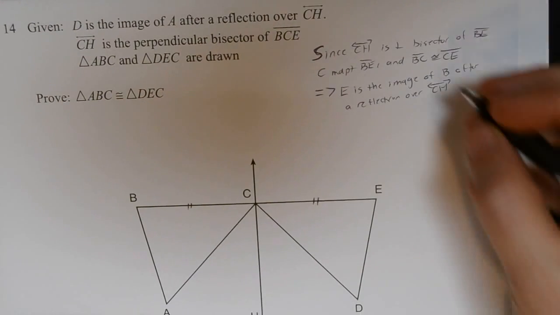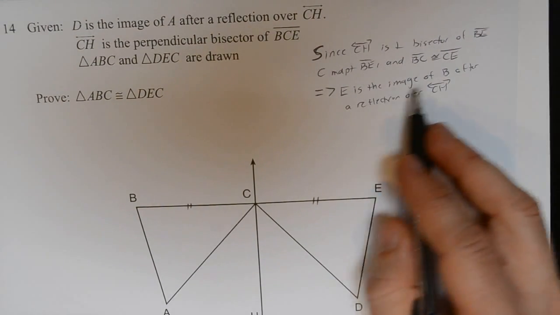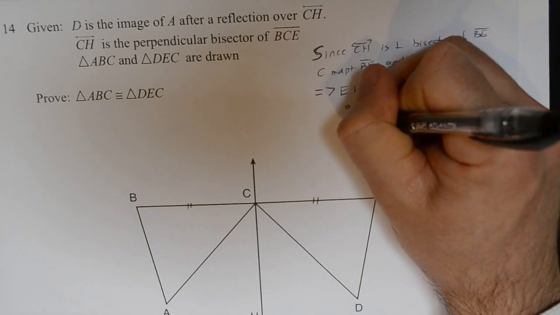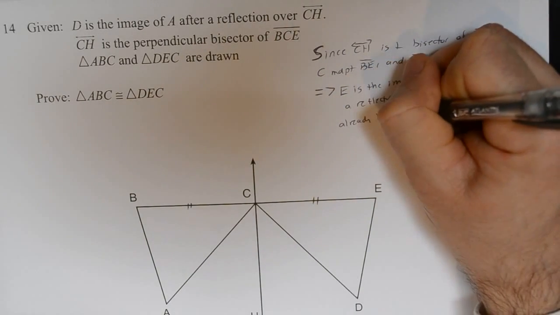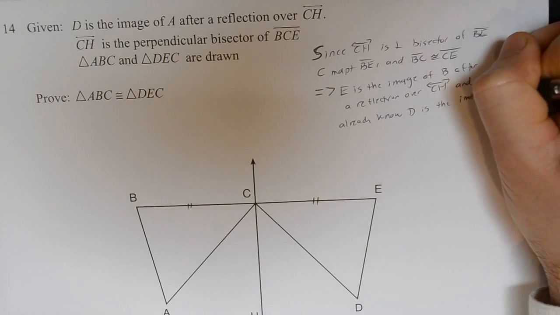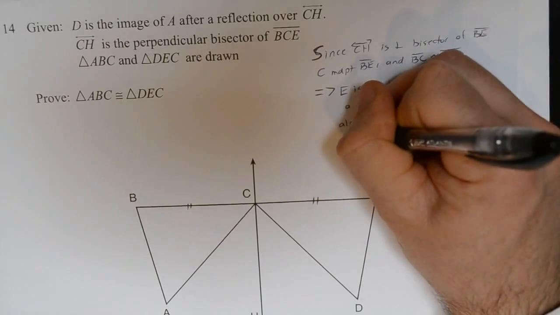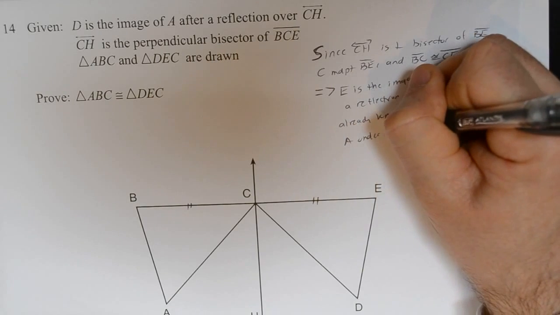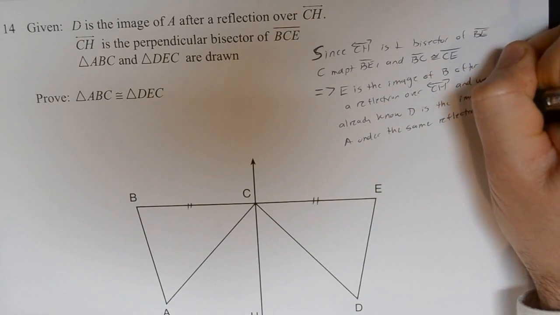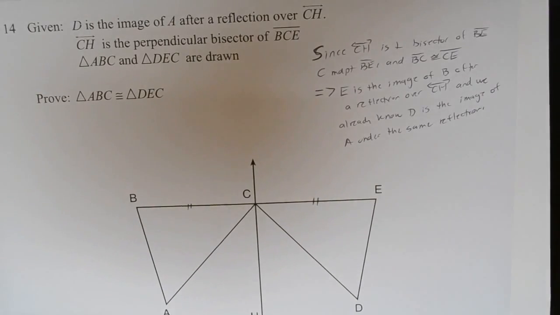So hold on a second. E is the image of B after reflection over CH, and we already know D is the image of A under the same reflection. Well, okay, that's actually pretty good.